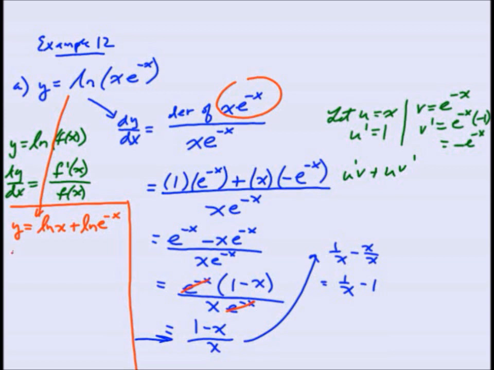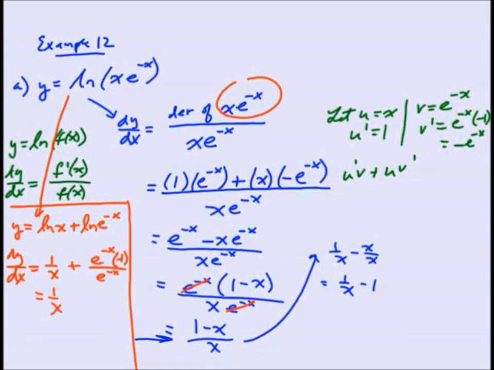We could take then the derivative, it's just using the addition law, the derivative of the first one is 1 over x, and the derivative of the second one is e to the negative x times negative 1, the derivative of that divided by itself.